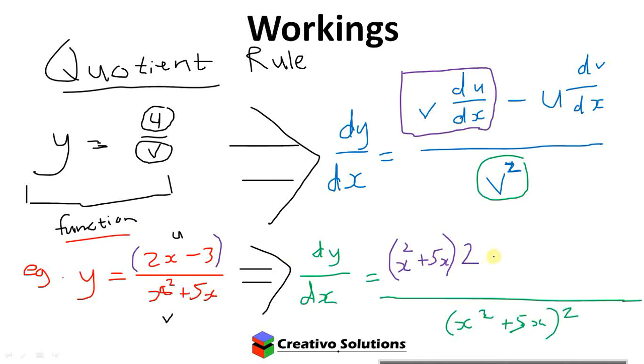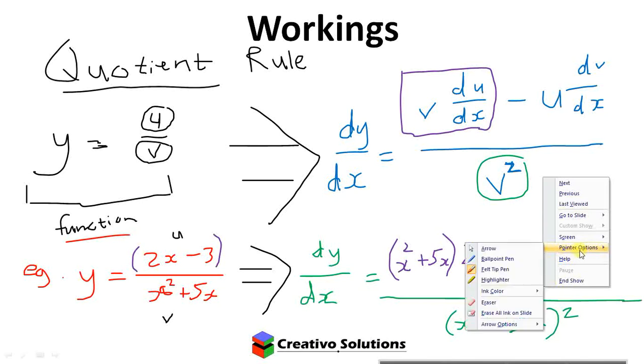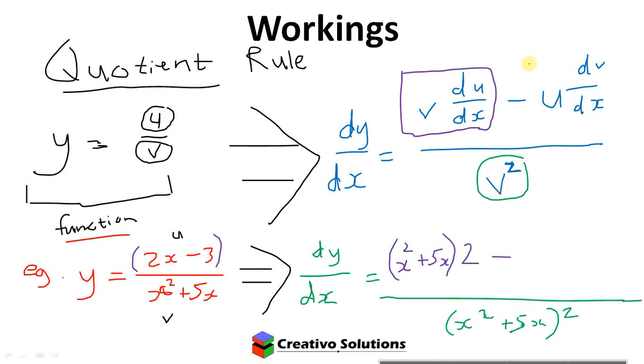Then minus, subtract. Let's do the other one in a different color. Not too many colors to choose from. Let's use this one. I'll give you a chance to catch up. So what is this thing? Well, the rule says I need to subtract u. What is u? 2x minus 3.